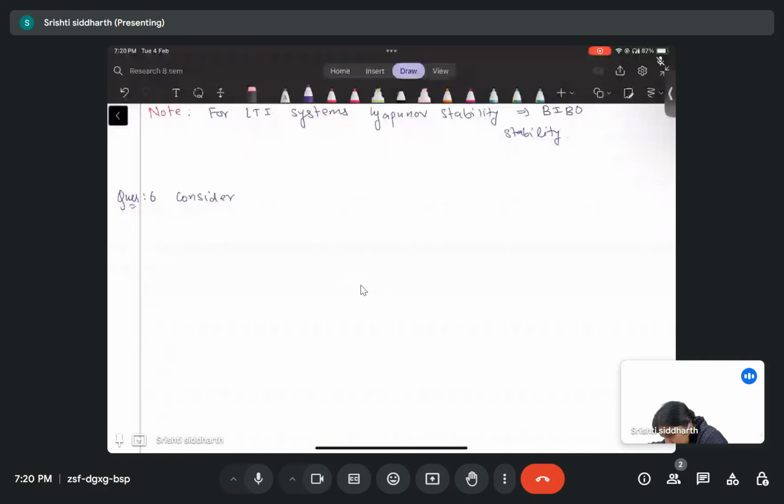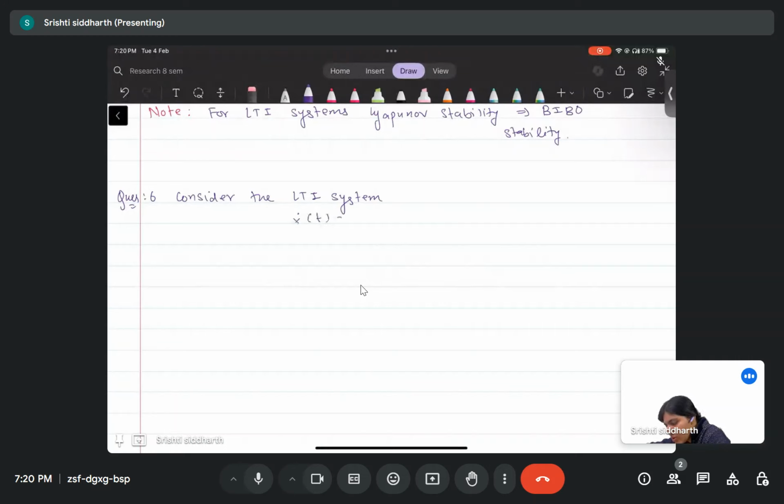The LTI system x dot equals xt, so we just have one state, it's a scalar system, and the output is 0.5 xt. So BIBO stability talks about output, so the output is also mentioned here. Now let's see.